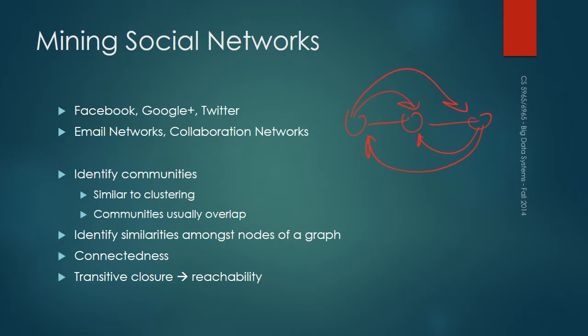There is also the issue of connectedness and the associated problem of transitive closure, which is basically figuring out how different parts of the graph are connected together and which of them are reachable given a particular node.